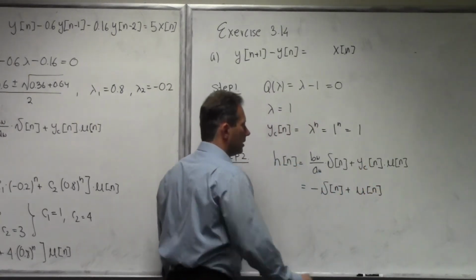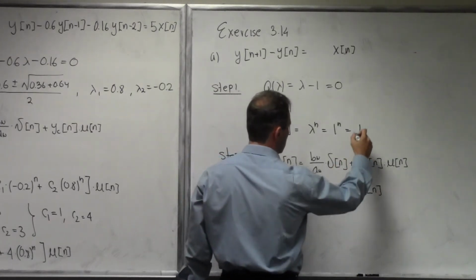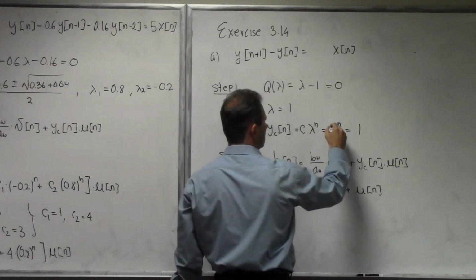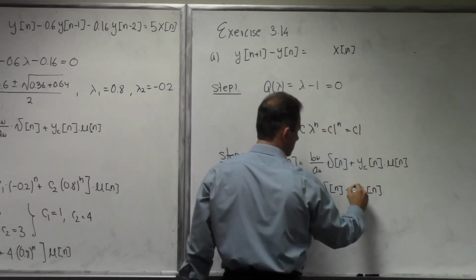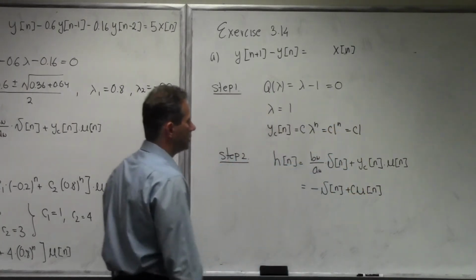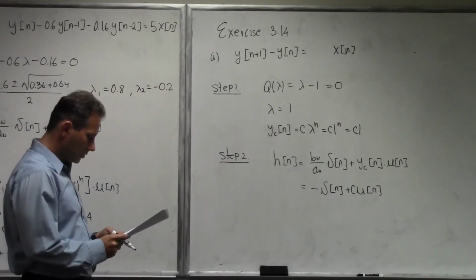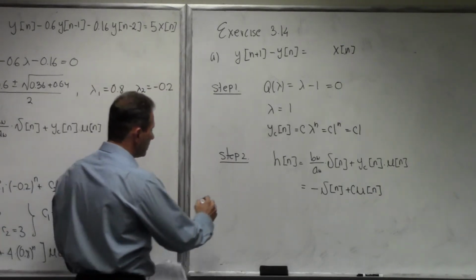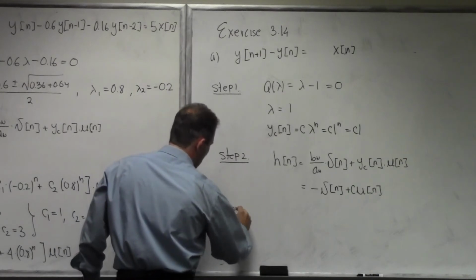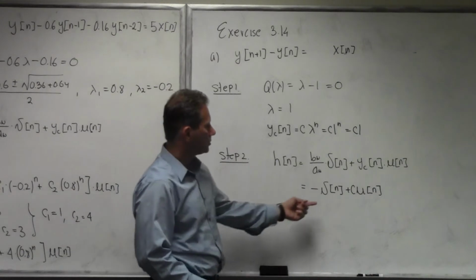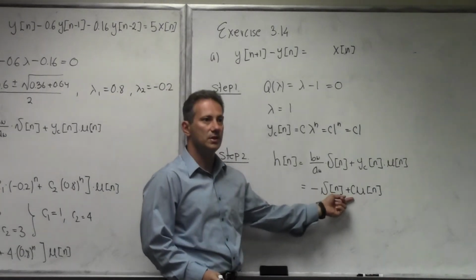I forgot to say that this can be anything times this, right? So I can have any constant here that multiplies this u of n. And then step 3, I need one initial condition to solve for this constant c.